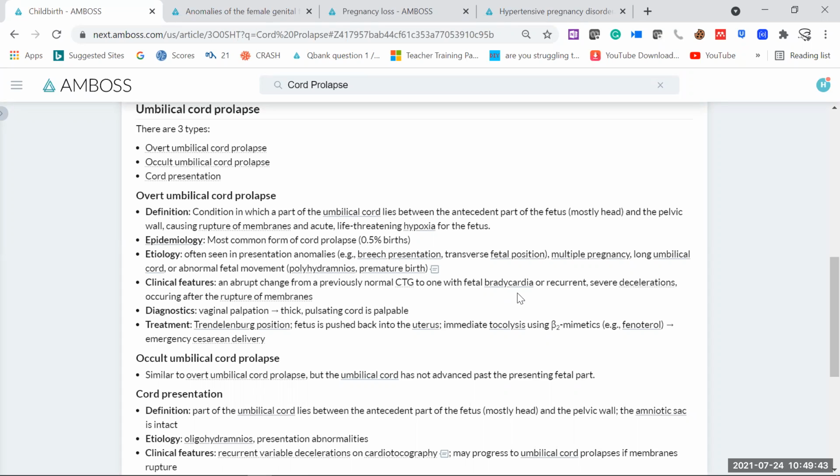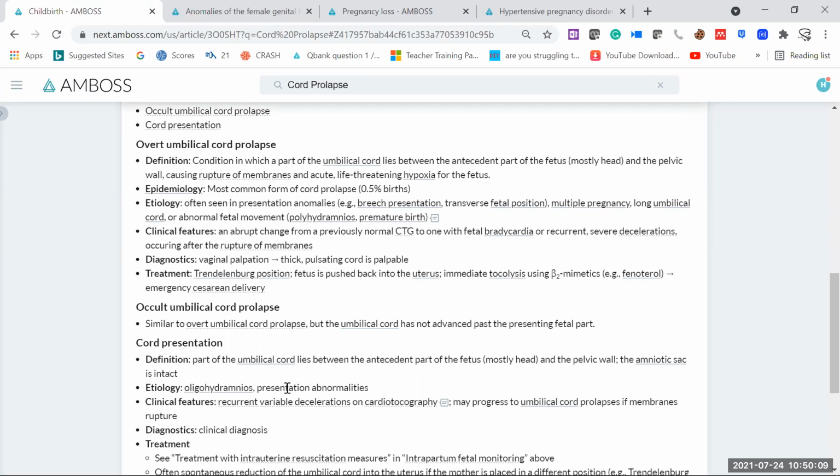It should be a resident, not a house officer or a junior doctor. The residents, like R3 and R4, do this, because most of the time the vaginal examination is also performed by the senior residents. They keep the cord in position, and we straight away take the patient to the emergency theater. That is how we do it in routine clinical practice.